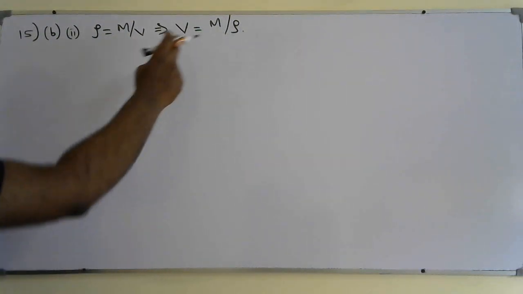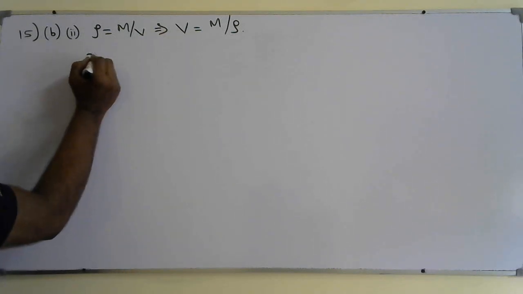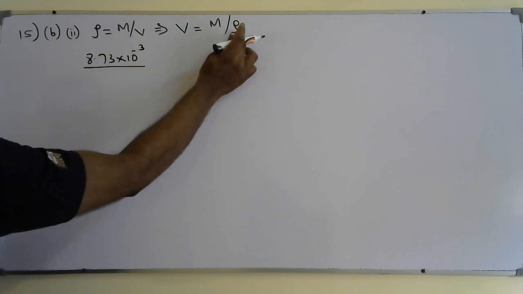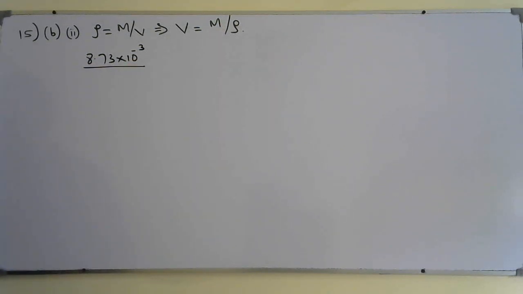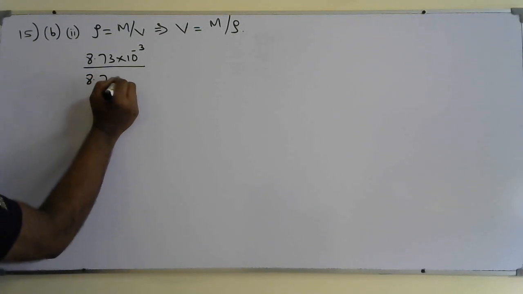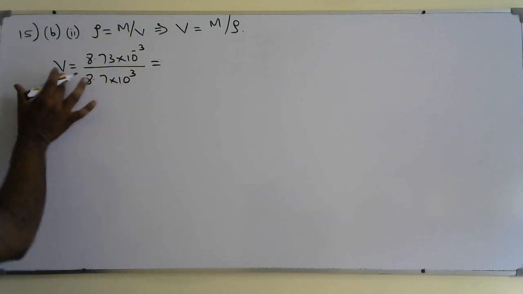So we know the mass of the brass. Earlier we found it, that is 8.73 × 10^-3 kilograms. So 8.73 × 10^-3 over density of brass, 8.7 × 10^3, is the volume of the brass.